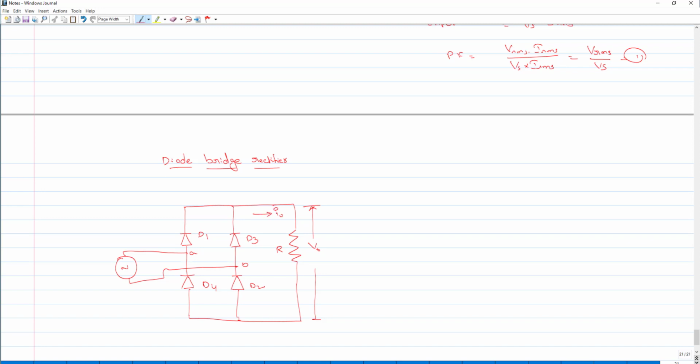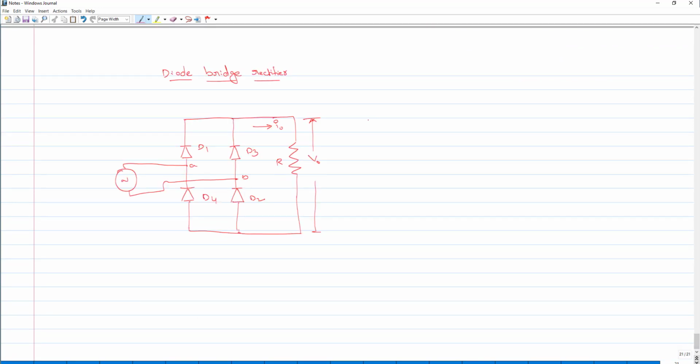Now let us see what is happening in a diagrammatic fashion. Let us take the time in seconds, and the source voltage Vs. The source voltage is Vs equal to Vm sin omega t.